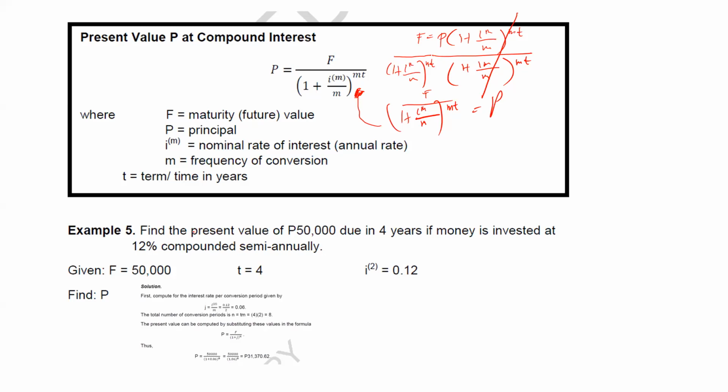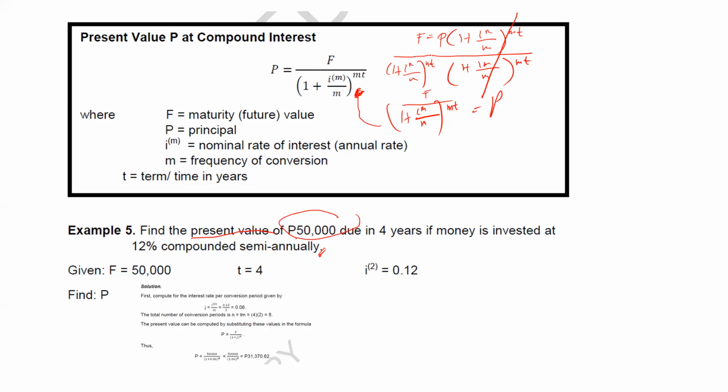So, example. Other term for principal amount is the present value. Find the present value of 50,000 due in 4 years if money is invested at 12% compounded semi-annually. Now, so mga given, we have here the 50,000.